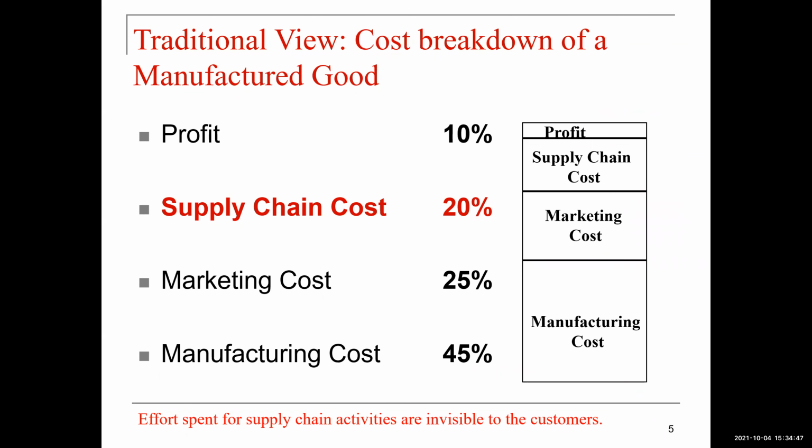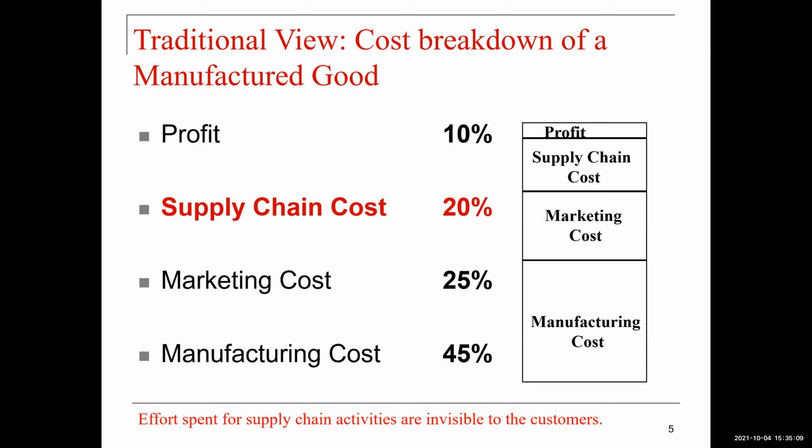Traditionally, looking at the cost breakdown of a manufactured good, about 10% goes to profit. The supply chain cost is about 20%. Marketing costs 25%, and the manufacturing cost is 45%.